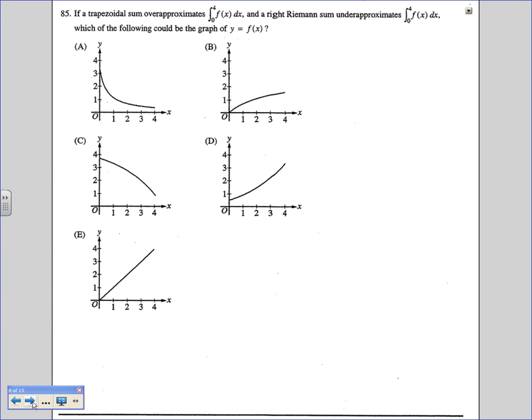Number 85 says a trapezoidal sum over approximates. Now remember, with trapezoidals, if you have a look like that, that is concave down, and trapezoidals underestimate. And if you have the look like so, when it's concave up, and you draw trapezoids, they always overestimate.